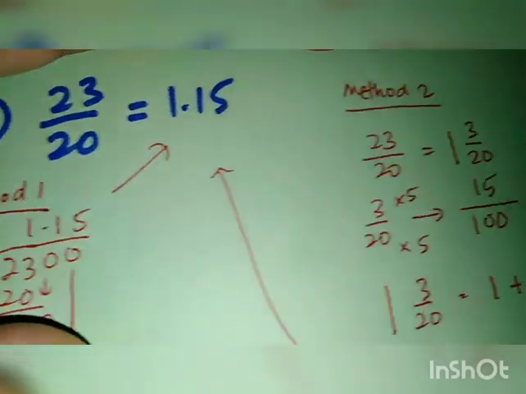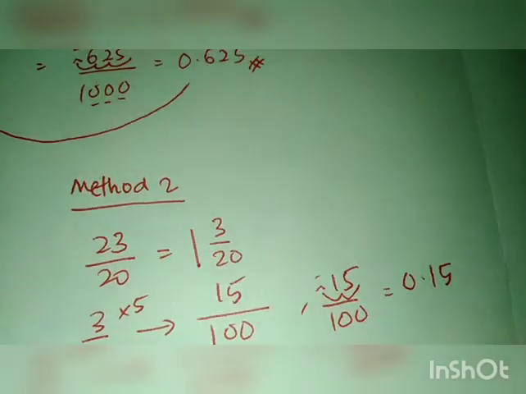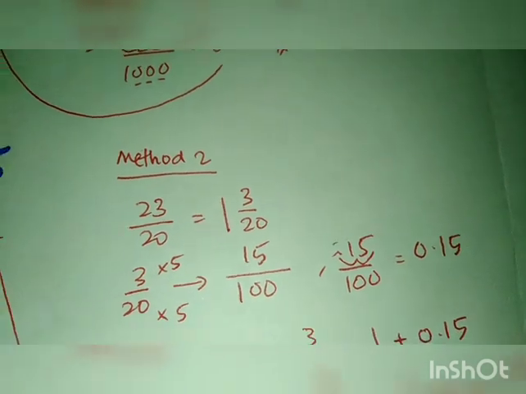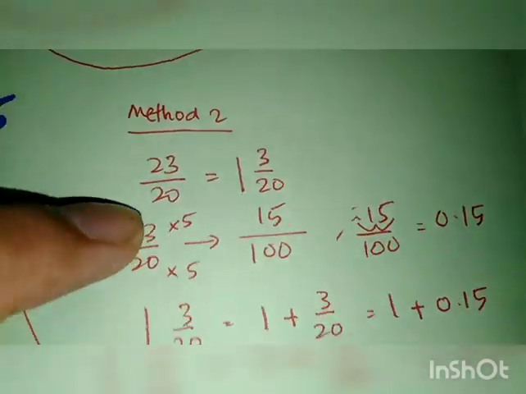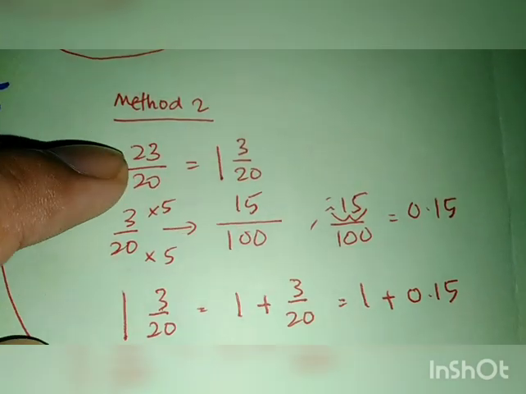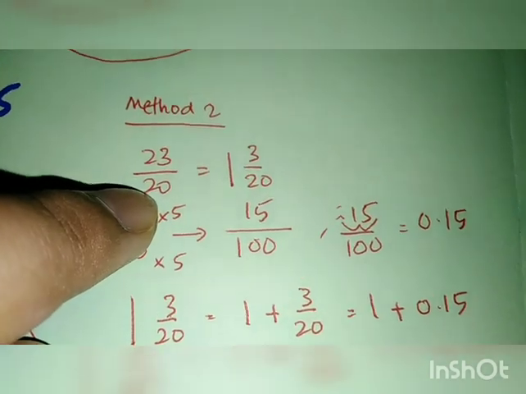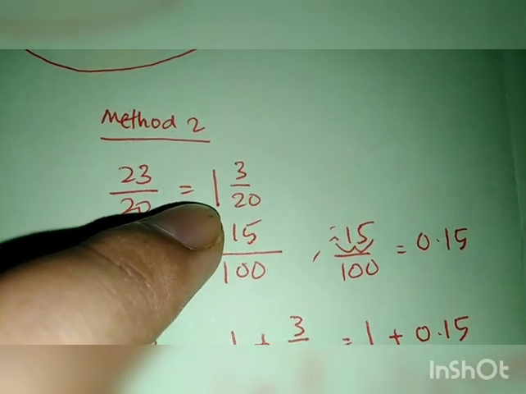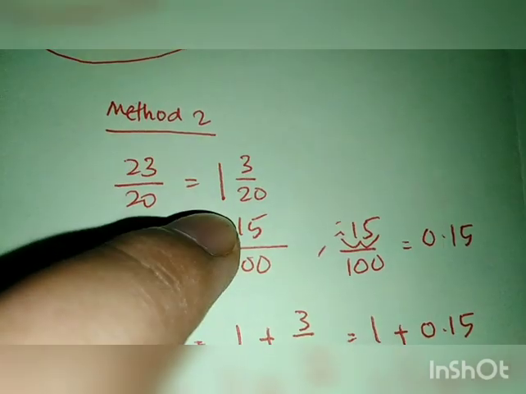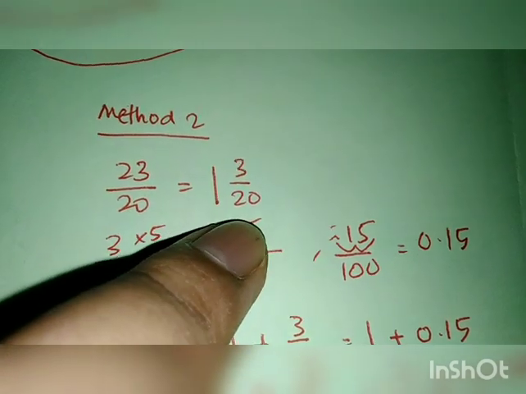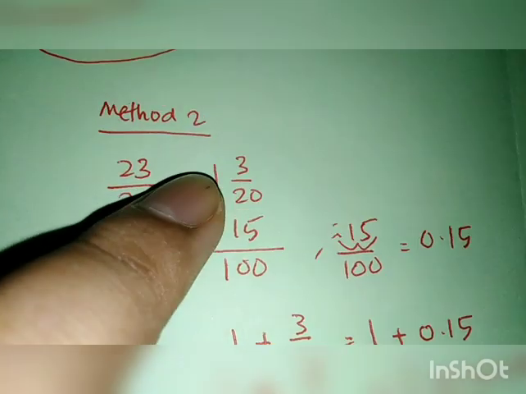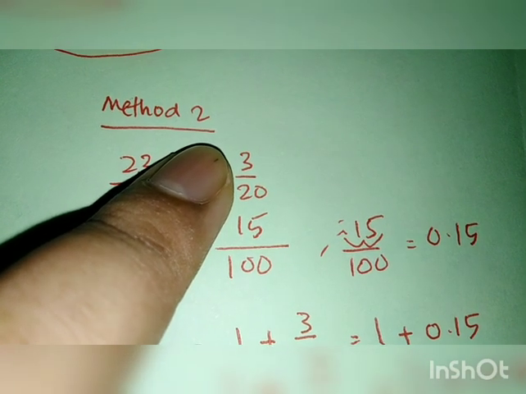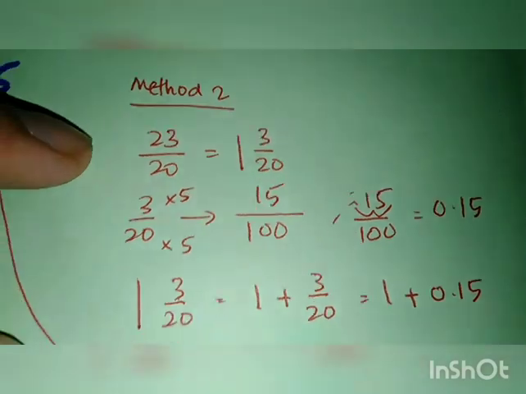Alright, and then for the second method, you need to convert the fraction into the nearest 10 or 100 or 1000 or 10,000. So 23 over 20, you need to make it simple first. Change the improper fraction to a mixed number, so you will get 1 and 3 over 20. As for now, just continue with the fraction. Ignore the whole number here.